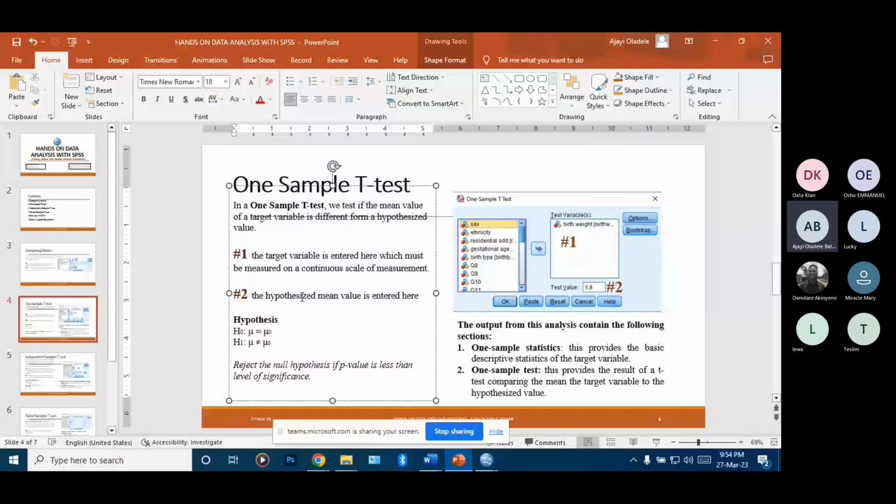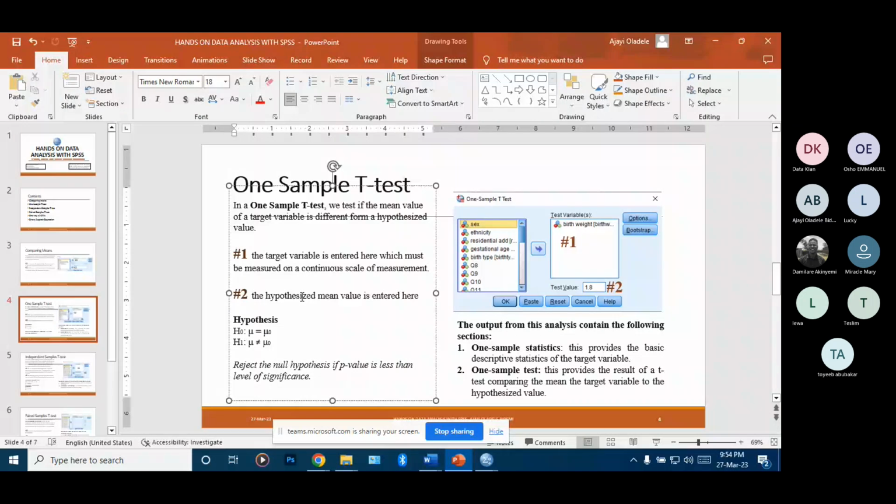Now, for the one sample t-test, if we are using the one sample t-test, it's time for us to test the mean value of a target variable against a hypothesized value. For example, we are told that the average age of applicants in University of Ilorin every year is 20 years old.